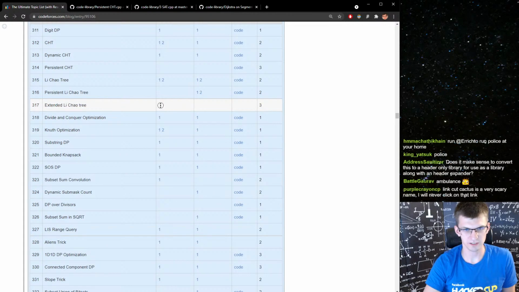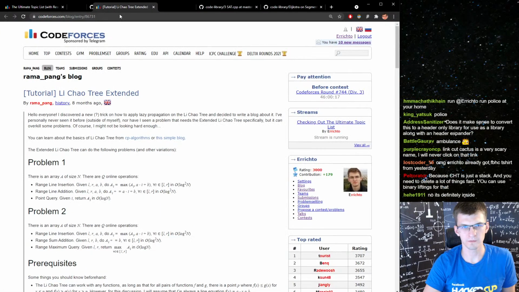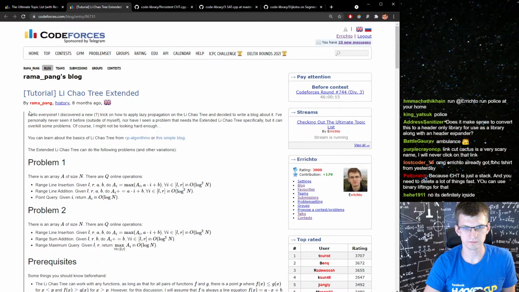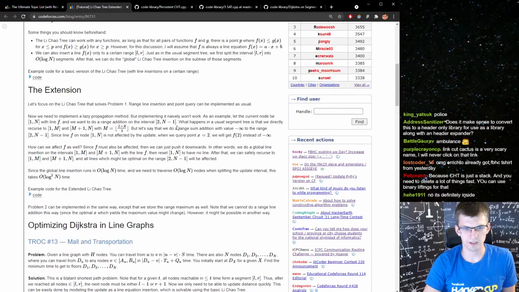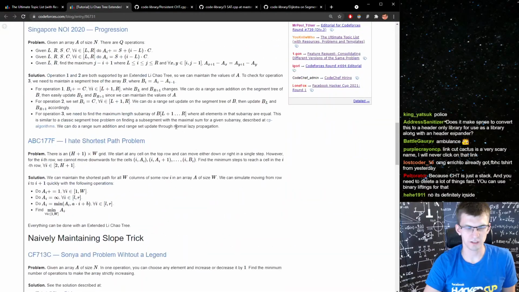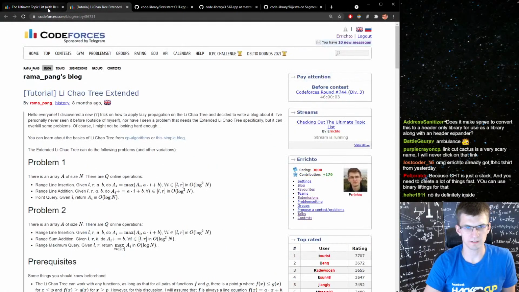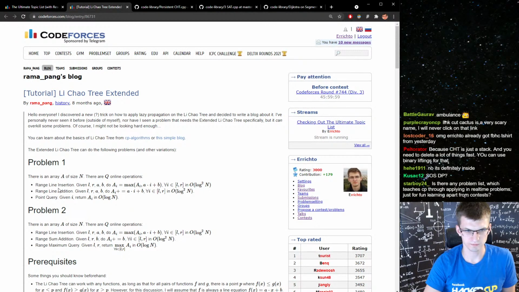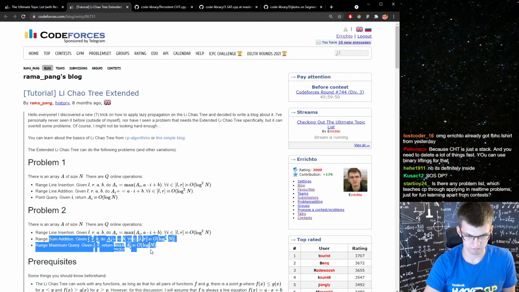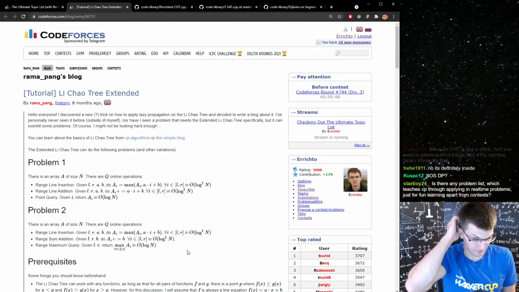Extended Lichao. What is extended Lichao? I don't know if I ever used Lichao tree. I know what it does, but it's never needed. Knowing convex hull is enough. Range line insertion. Range sum addition. Range maximum query.